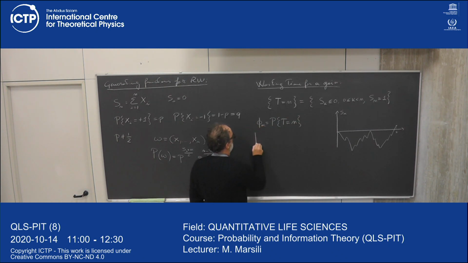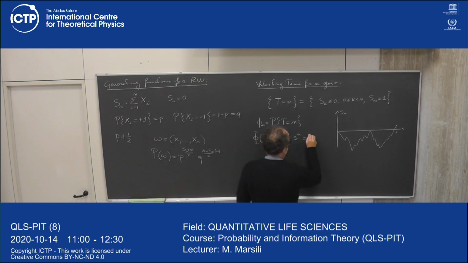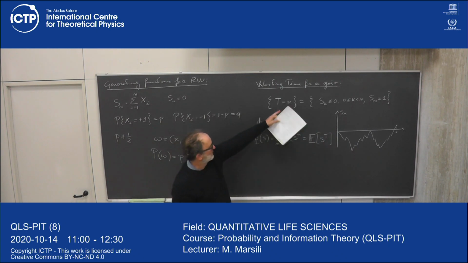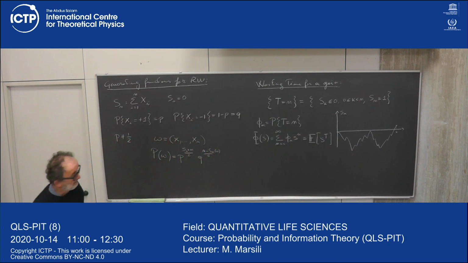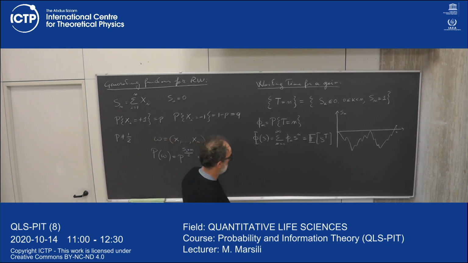And then what we can do is build a generating function of this probability, and this is the expected value of s raised to the power of this random variable T. Okay? Now, using generating functions, it is very easy to solve this problem. And the idea is the following.